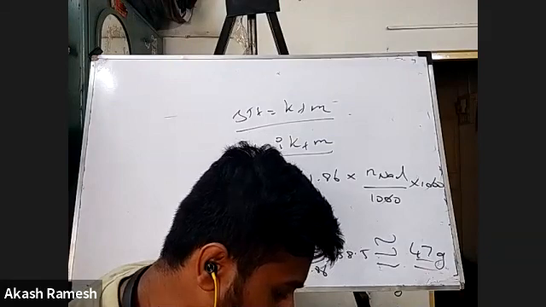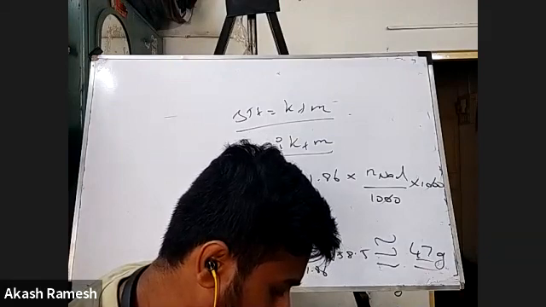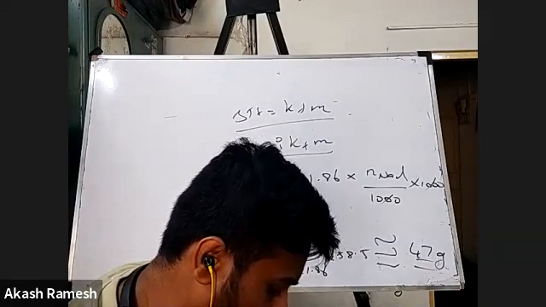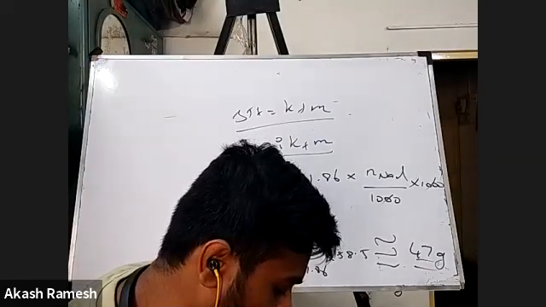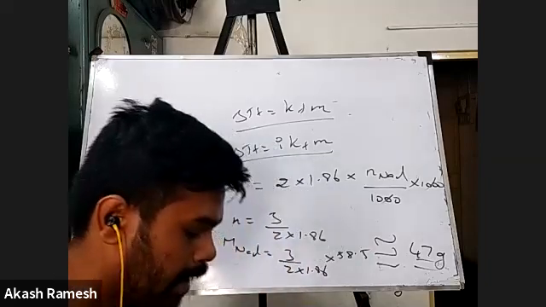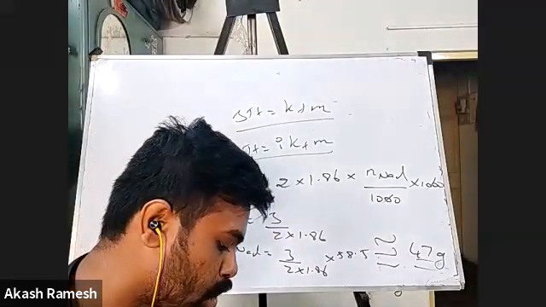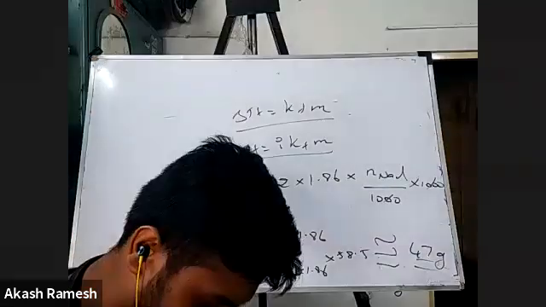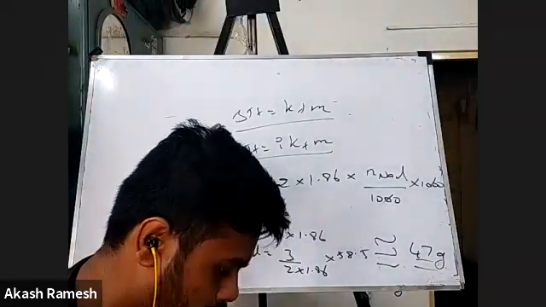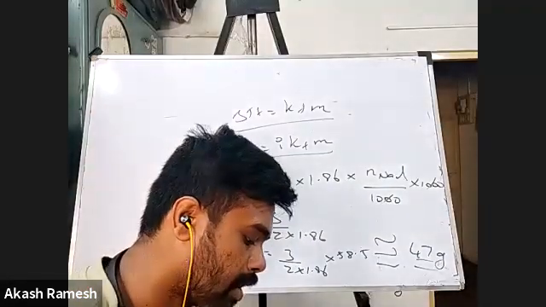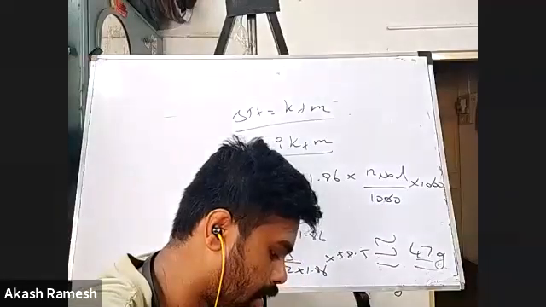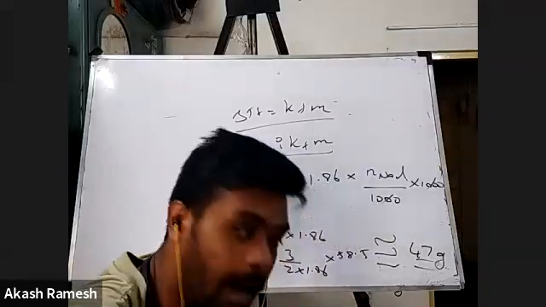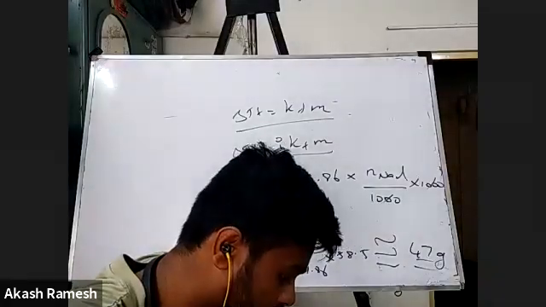Its other half cell consists of a zinc electrode dipped in a 1 M solution of zinc nitrate.